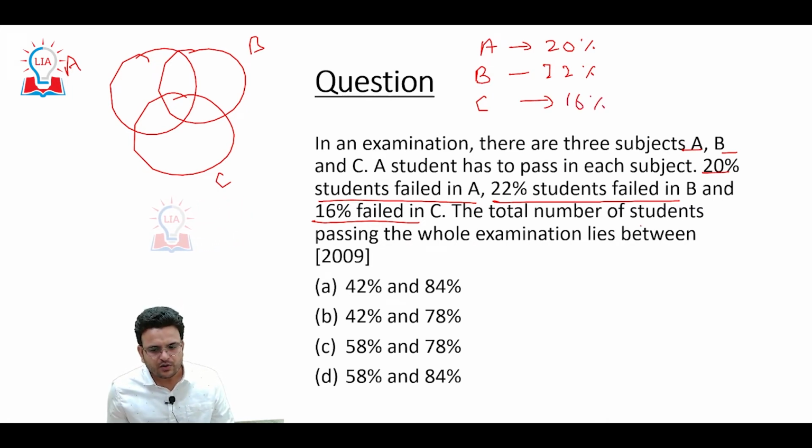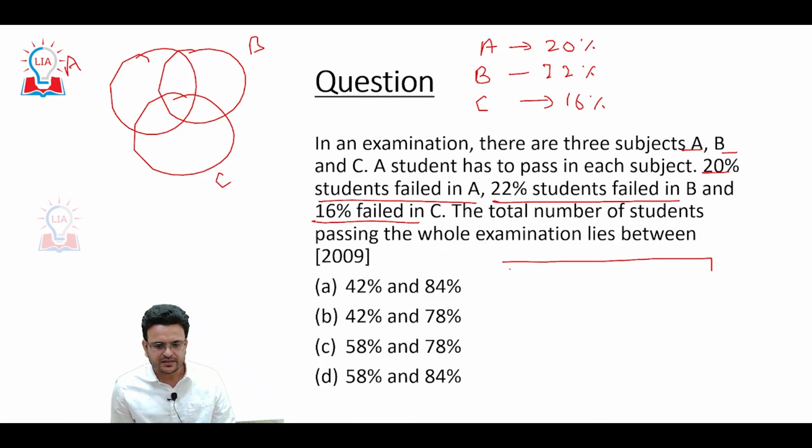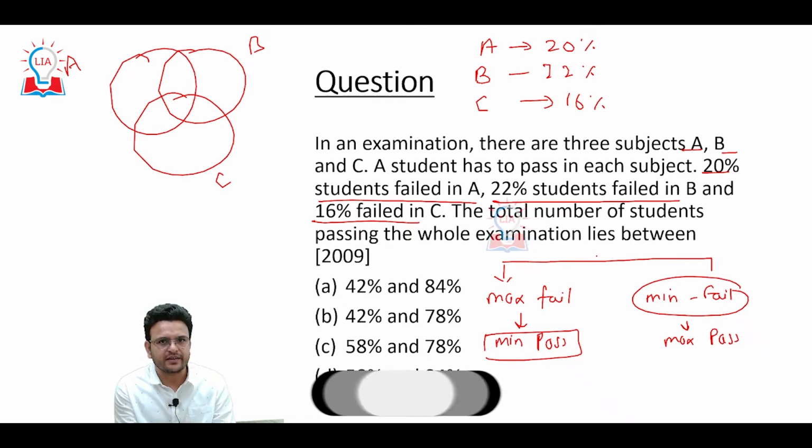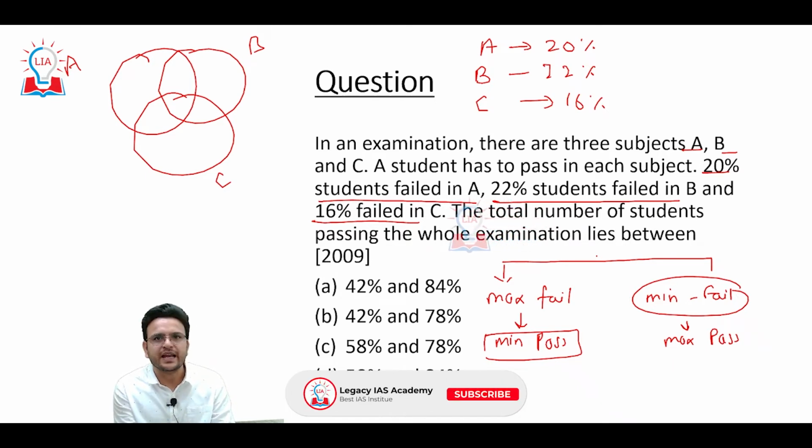The total number of students passing the whole examination lies between what values? Whenever I am getting maximum fail, automatically I am getting minimum pass. Whenever I am getting minimum fail, it means I am also getting maximum pass. So how many maximum students can fail?